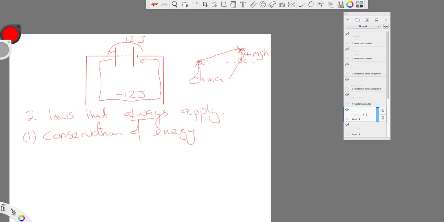Your change from where you started to where you finished is still mgh. And so in our circuit, it doesn't matter what path we take to get from here to here.